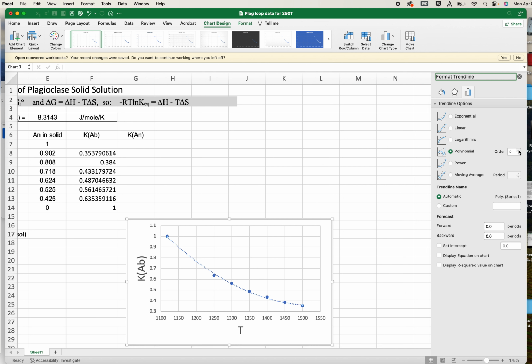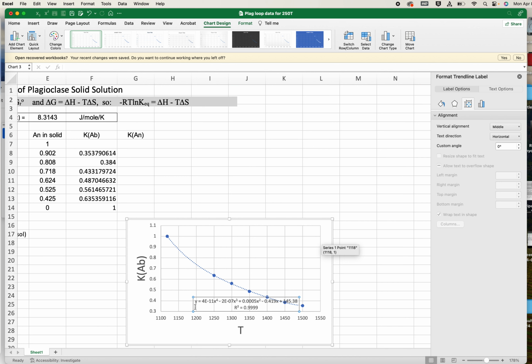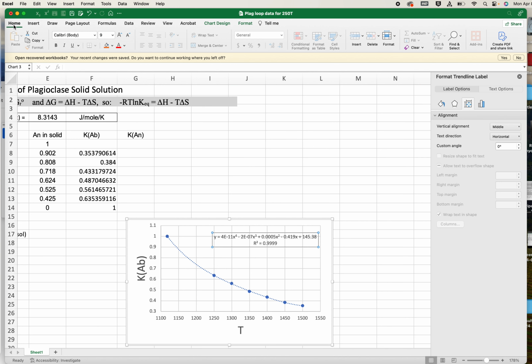You can see it fits a little bit nicer. And we could make it a third order or a fourth order, and we could fit the data really, really well. Let's display the equation on the chart, and you can see that we are explaining about 99% of the variation, actually almost 100%. Let's increase this a little bit.